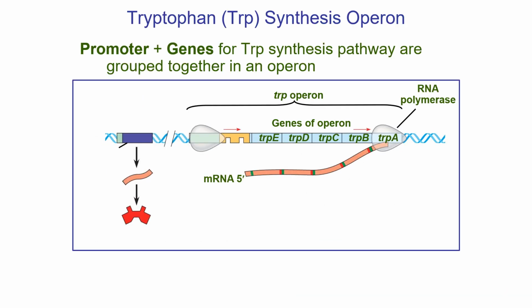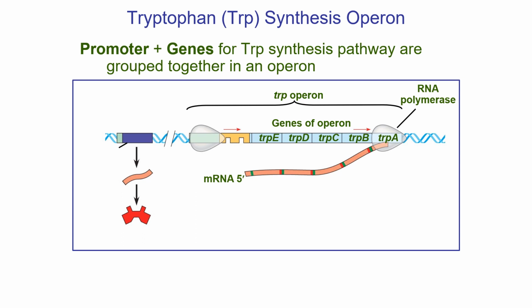Let's go back and take a look at that tryptophan pathway, but this time we're just going to focus on how it's regulated genetically, not how it's regulated through negative feedback biochemical inhibition. So we have all of the needed genes, all 5 of those genes needed for the enzymes. We have them all grouped together, and they're under the control of a single promoter, a single on-off switch.